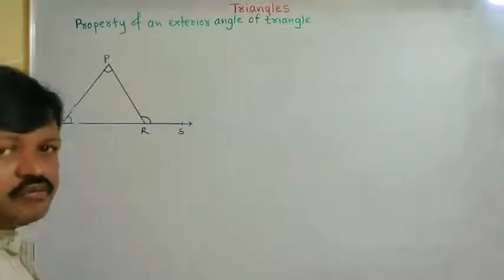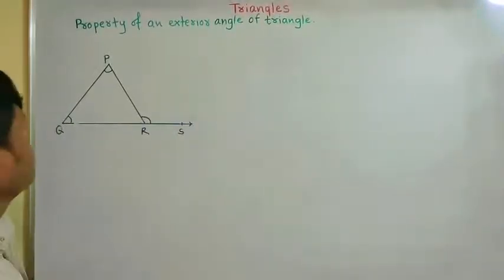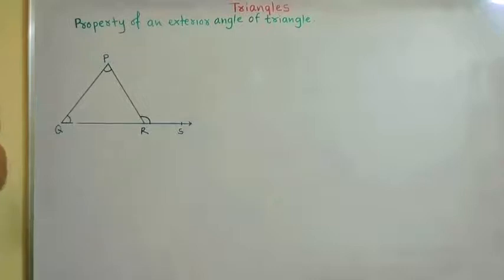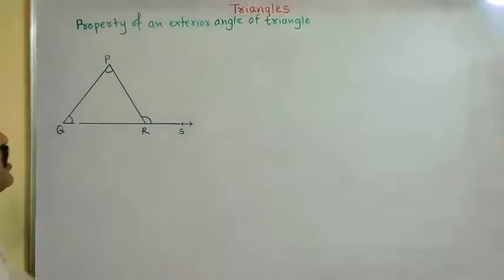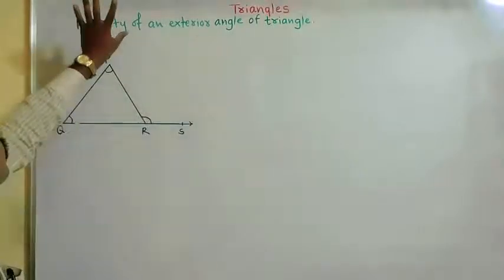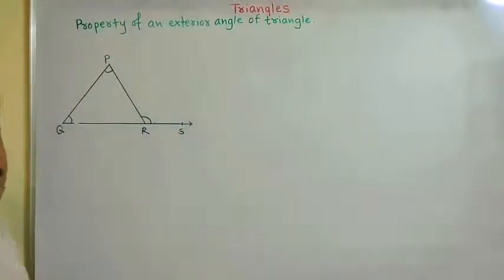We saw the remote interior angle theorem, and depending on this we see the property of an exterior angle of a triangle. म्हणजे त्रिकोणाच्या बाह्य कोणाचा आणखी एक गुणधर्म आपल्याला इथे पाहायचा आहे.